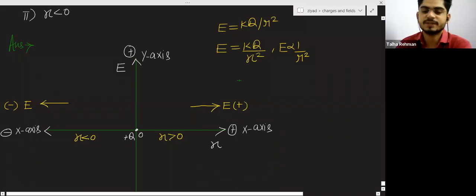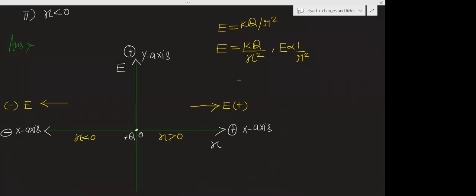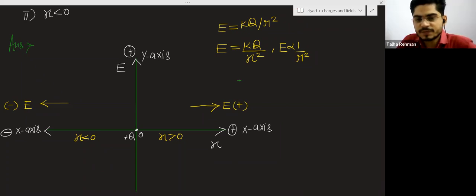We can choose any direction, but I am choosing the positive direction of electric field in this direction, because the distance is also positive in this direction, so we can easily draw the graph.